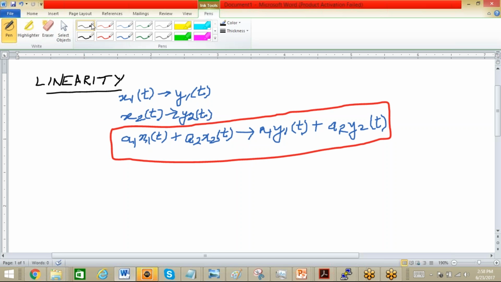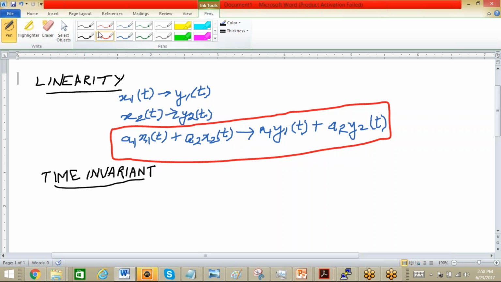Now the next case is time invariance. Whether we apply an input to the system now or t seconds from now, the output will be identical except for the time delay of t seconds.